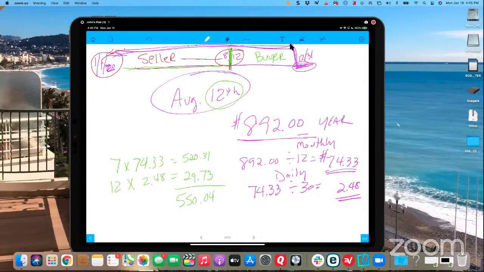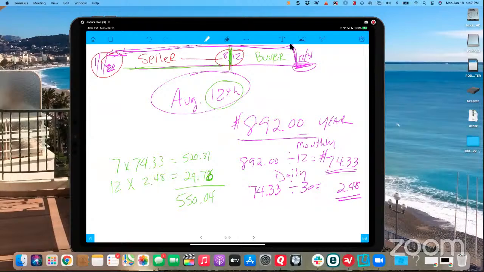I'm going to double check my math. 7 times 74.33 is 520.31. 12 times 2.48 equals 29.76. I got that this time.